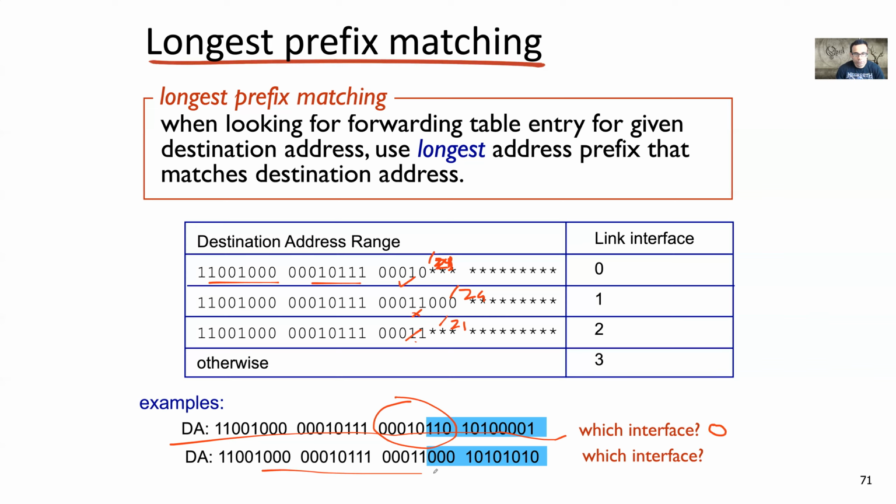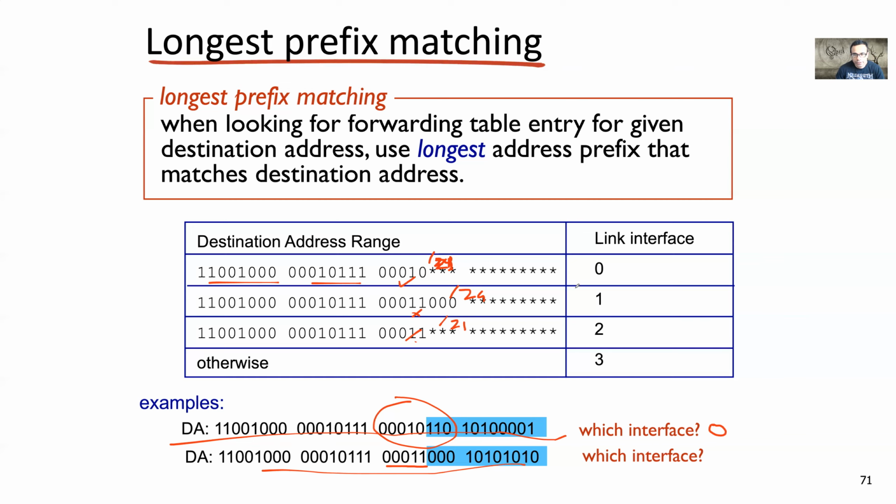Now, how about this one, the second packet? So notice again here, we don't need to worry about the first two blocks. Let's just focus on this one. So this is 00011000.